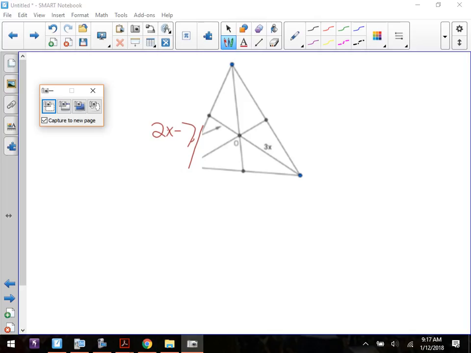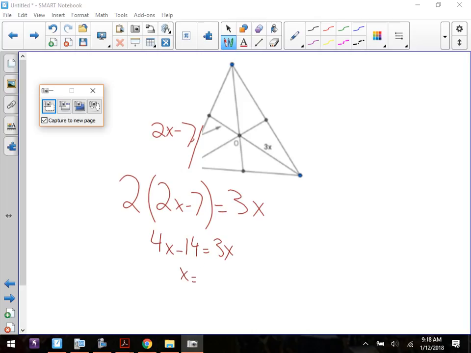And one part of the use of that was that we said double centroid to side has to equal vertex to centroid. And I think this might have been the weirdest of all the stuff. Let's see, we get 4x minus 14, 3x, subtract it, add it, get x is.